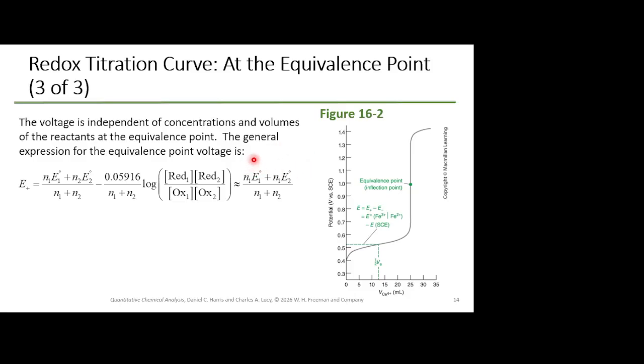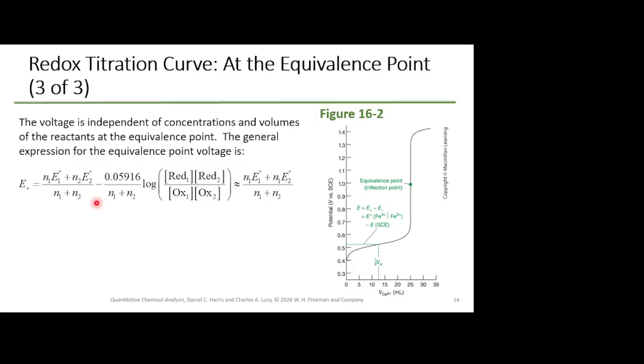And so that's going to be N times its E naught, that standard reduction potential, plus N times the E naught of 2. Notice that's the same in there. Okay. And then this is divided by N plus N2. Okay. And that's going to be equivalent to the entire Nernst equation stuff.